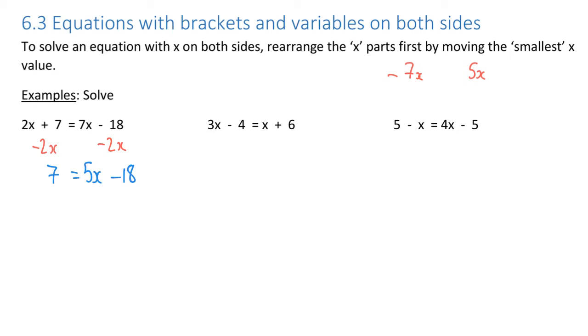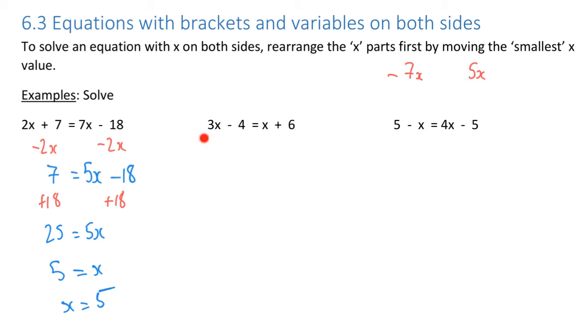This is now a linear equation that we're more familiar with. So we can add on 18 to both sides, and that will get rid of the 18. What we're left with is 25 equals 5x, and then dividing through by 5, we get 5 equals x, or x equals 5.